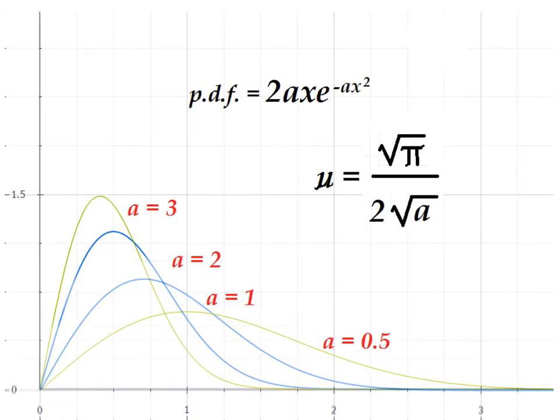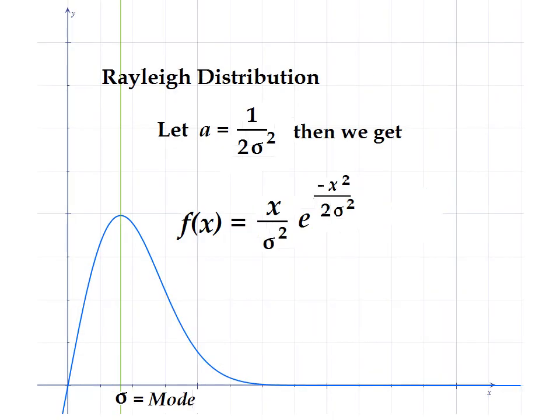The probability density function 2ax times e to the negative ax squared, it can be found that the mean, interestingly enough, equals the square root of pi over 2 times the square root of a, and it is called the Rayleigh distribution.